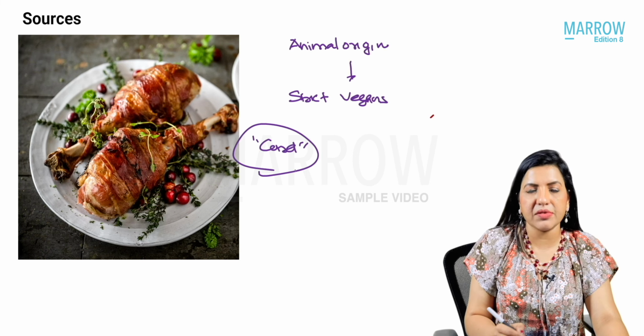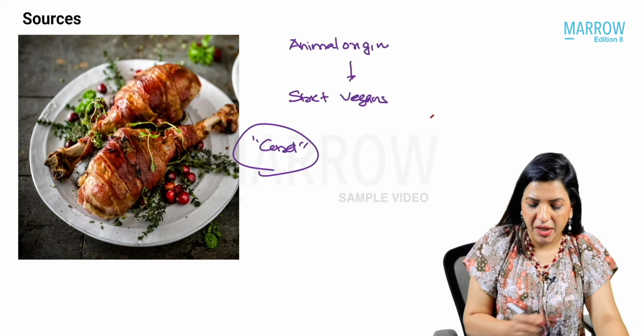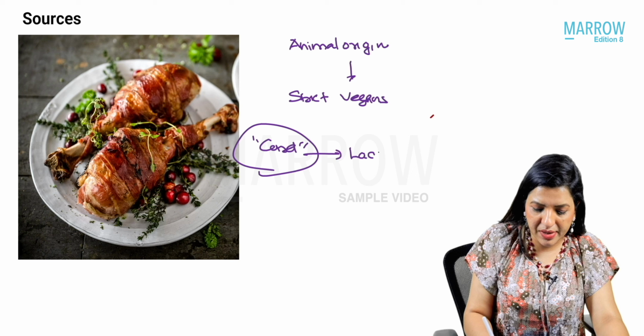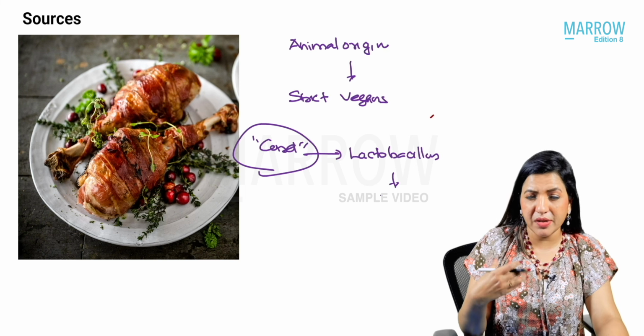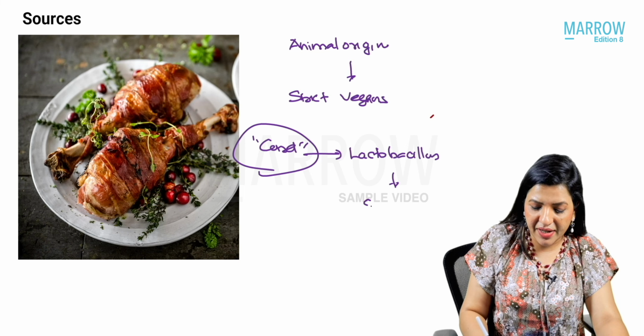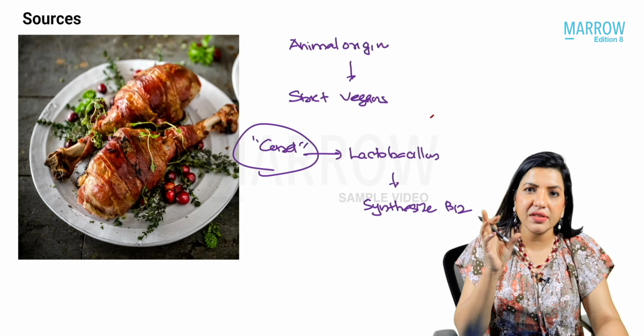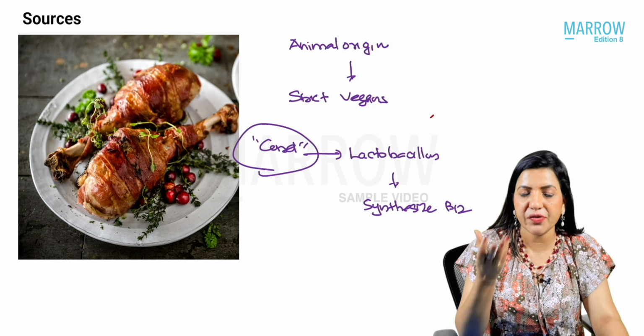If they include curd in their diet, this can supplement the B12 deficiency. It's because of the lactobacillus, the microflora that is added to you by using this curd, which can synthesize B12. So that is how strict vegans can supplement for the B12 deficiency.